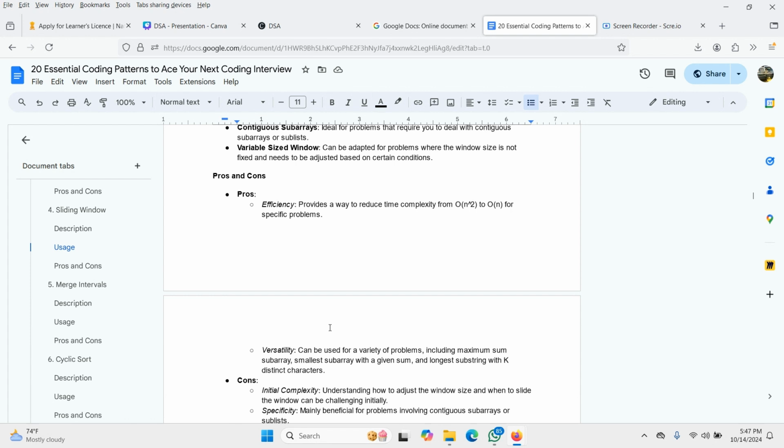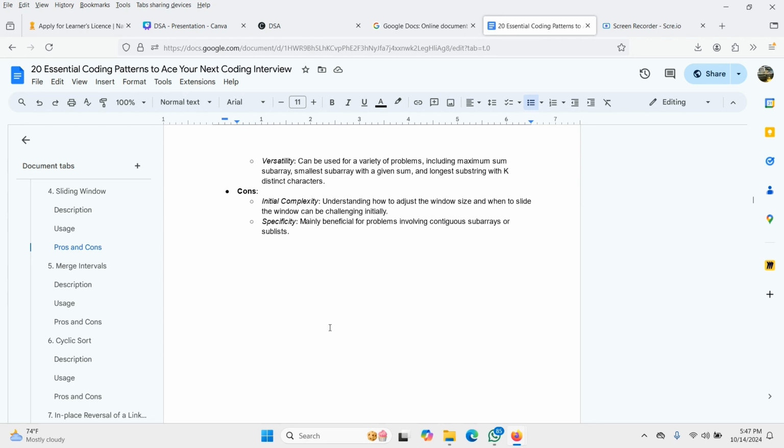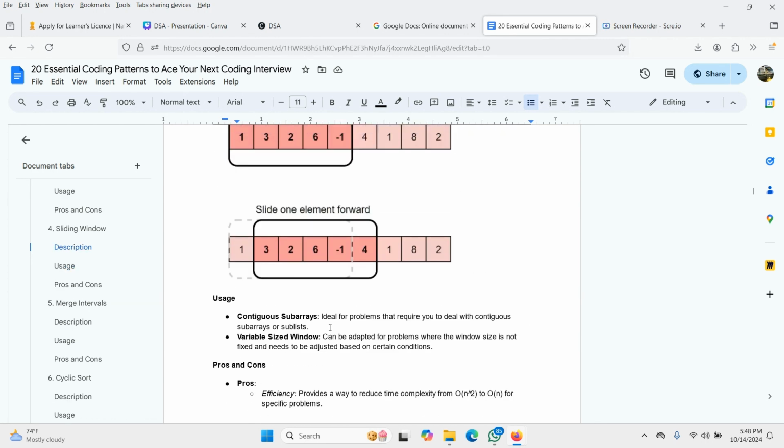It can also be used to solve a variety of problems, including maximum sum subarray, smallest subarray with a given sum, and longest substring with k distinct characters. The disadvantage is that you need to understand how to adjust the window size and when to slide the window, which can be challenging initially, and it is mainly beneficial for problems involving contiguous subarrays and sublists. So that is the sliding window coding pattern.